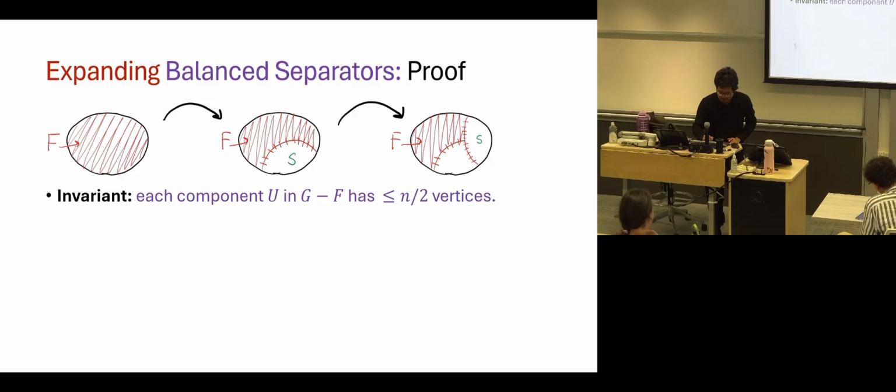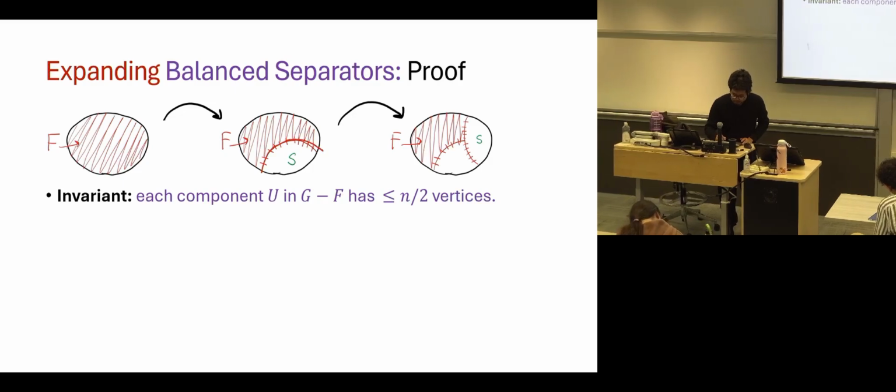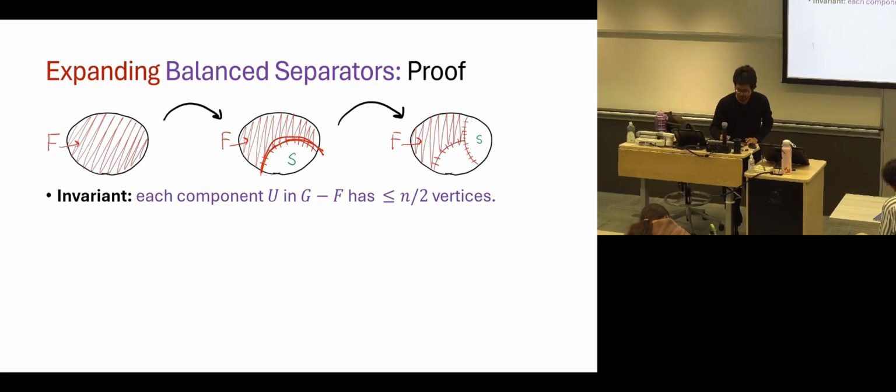Why? Because when we find a cut S, this is a new component. Every other component in G minus F looks like a singleton. But this is now a new component, with size at most half by our choice. When I find a new component here, this is at most half again.